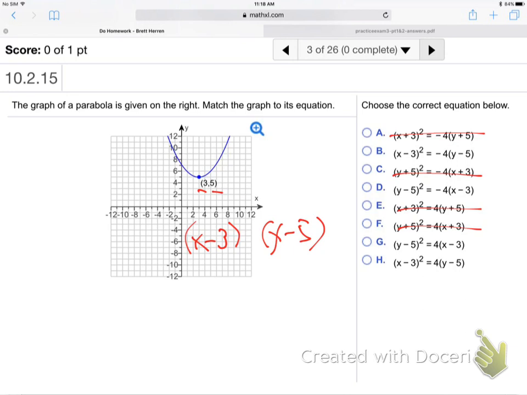And now what about the direction? It's going up, so that's positive y to the first power. Which one of those four that remain have positive y to the first power? G or H. Is it only H, or am I missing something?